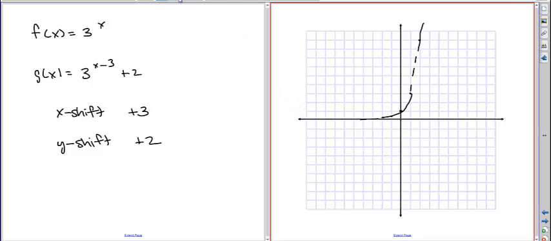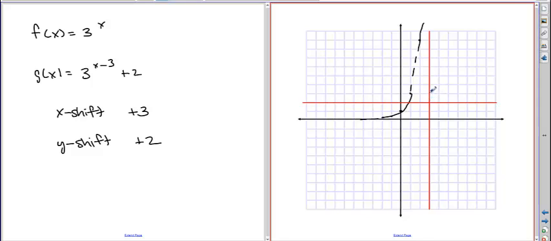Now, as far as transforming this, we're going to do an x shift of plus 3. So we're going to put an axis here. If you're drawing it, just use a pencil and do it lightly. And we'll increase the y shift by 2. Then we'll plot relative to that new axis. So here's 0, 0.